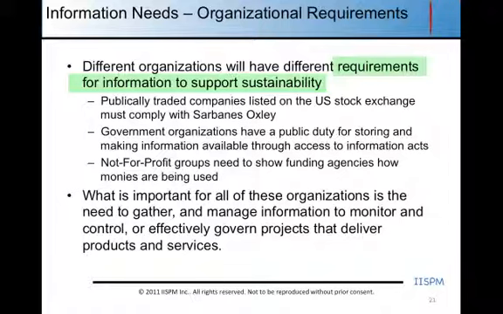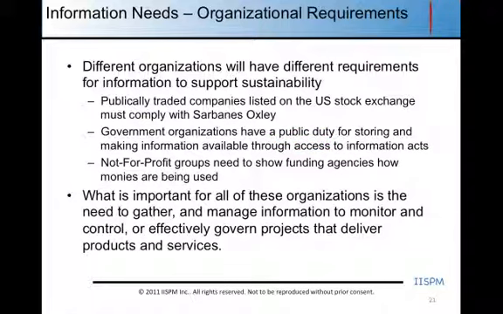So different organizations have different requirements for information. If we look at publicly traded companies on the US Stock Exchange, all those companies must comply with Sarbanes-Oxley requirements. So there is an information requirement in order for them to meet their legal obligations. Government organizations have a public duty to store information and make that available through Access to Information Acts.